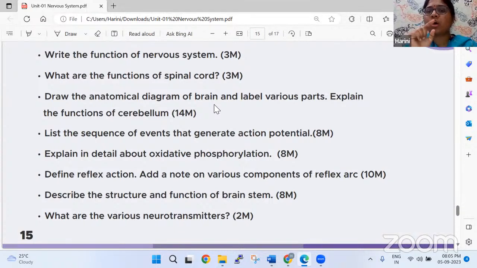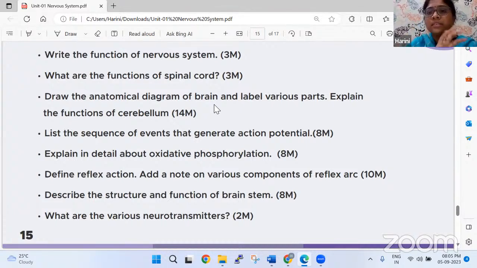Just above the stalk, give a small section with a small opening down, and draw an oval-shaped structure. That is the thalamus, then the hypothalamus, and the posterior part is the epithalamus. Okay, so this ends the three major regions, and finally go over the whole semicircular part, that is the cerebrum.